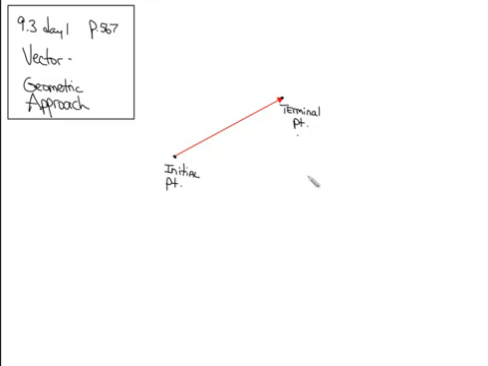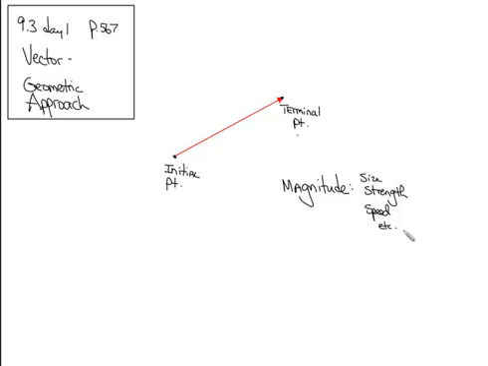And so vectors have 2 components. One component is the magnitude, in other words, the size, the strength, the speed, etc. It's the numerical part of the vector. The longer the vector, the greater the strength of the force or the speed associated with the velocity.